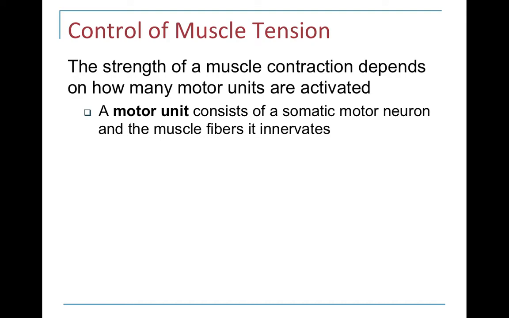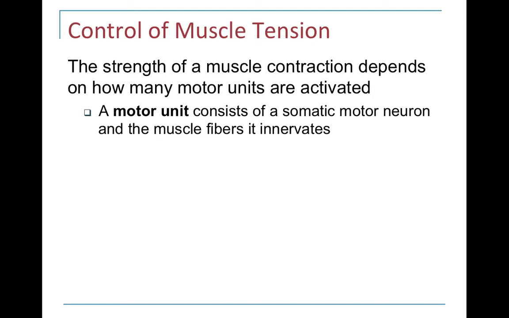Now, muscle tension. We know that the strength of our contraction depends on how many motor units we actually activate. So remember, a motor unit is a somatic motor neuron and the muscle fibers that it innervates. So it is this entire neuromuscular junction and the surrounding fibers.